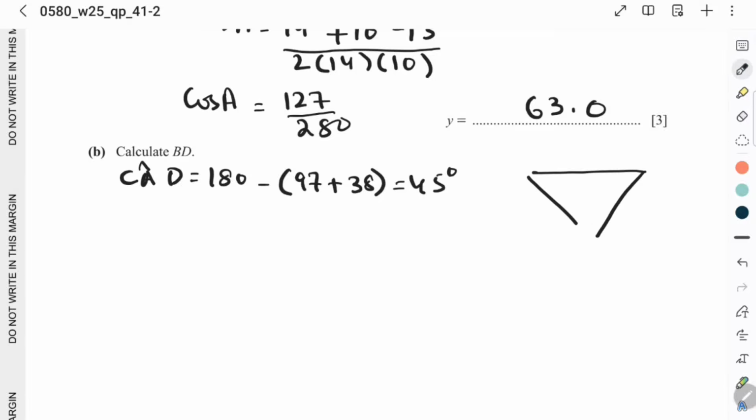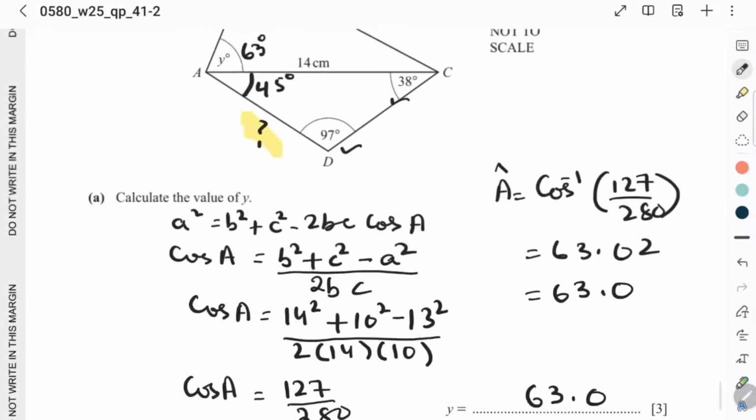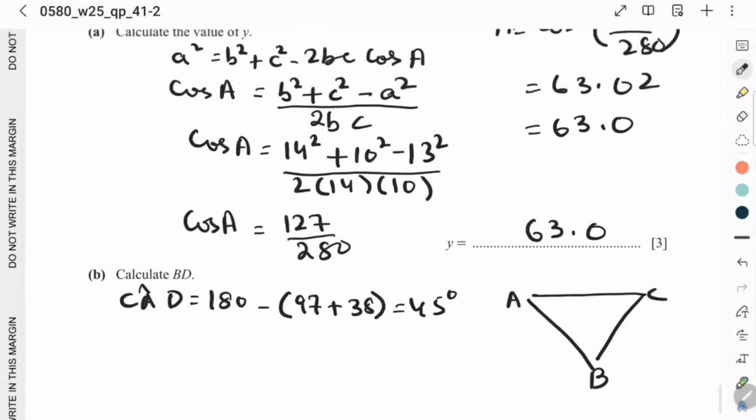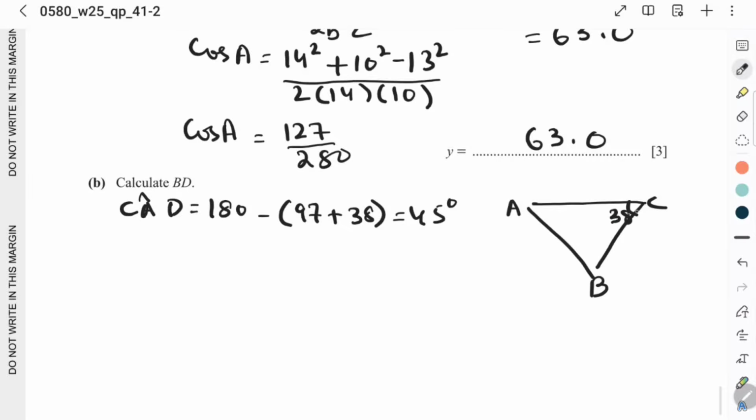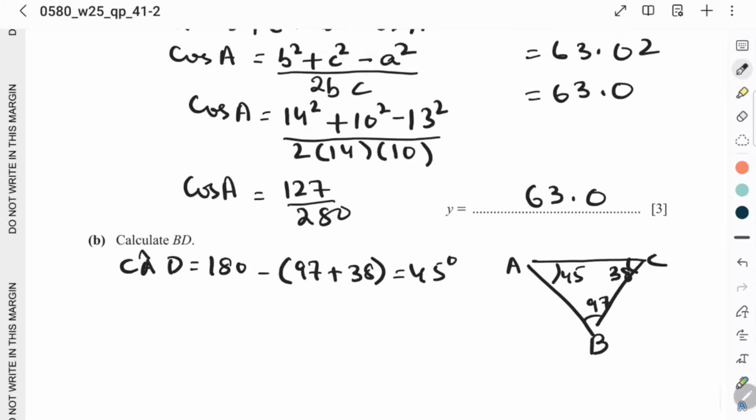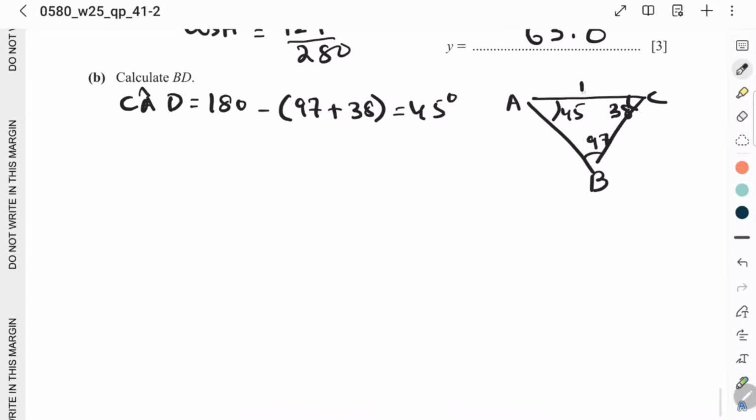That is A, C, and B, and we have angles 38, 45 and 97, and in between we have 14 centimeters. So we know that 14 upon, use the sine rule to calculate this side AD.